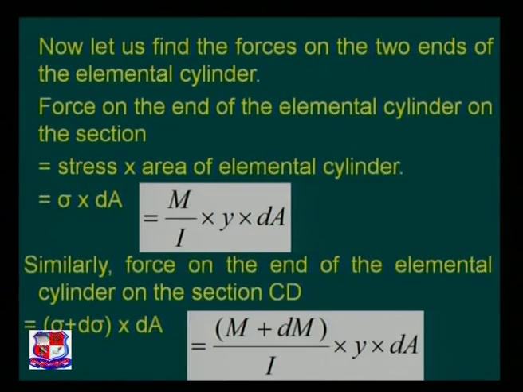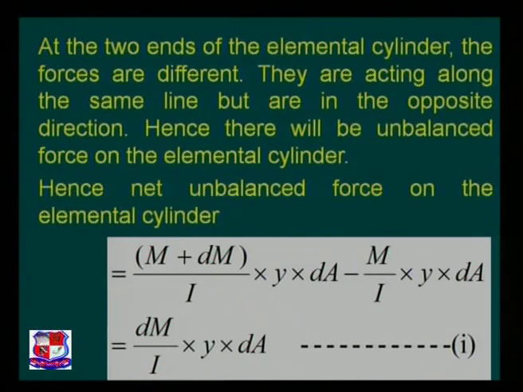Now at the two ends of the elemental cylinder the forces are different. They are acting along the same line but in opposite directions. Hence there will be an unbalanced force on the elemental cylinder.